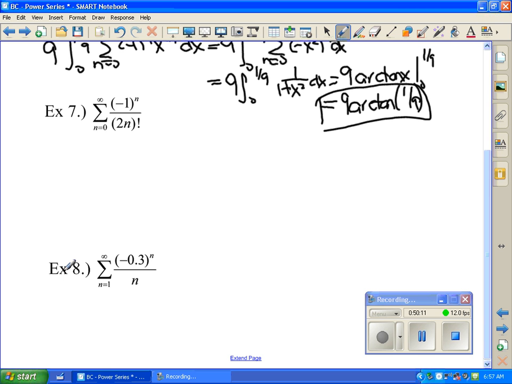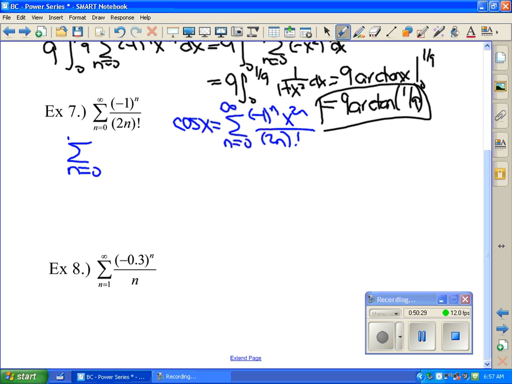So cosine x was the series n equals 0 to infinity, negative 1 to the n, x to the 2n all over 2n factorial. So what I need to do is figure out, is there anything I can raise to the 2n and put it on top? And you can, because you can rewrite this as n equals 0 to infinity, negative 1 to the n, 1 to the 2n over 2n factorial. That doesn't change the expression at all. So now that means this is equal to cosine of 1.